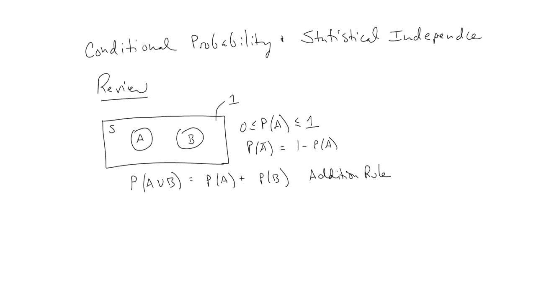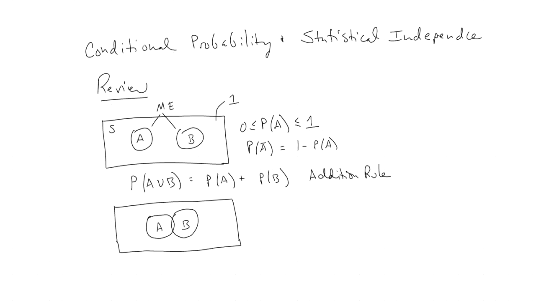But it does get a little more complicated when they are not mutually exclusive. So here they are ME. But if they're not ME, meaning they overlap, they intersect, then what is the new probability of A or B?